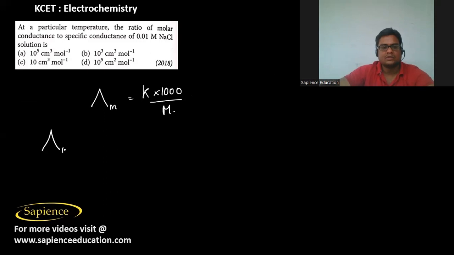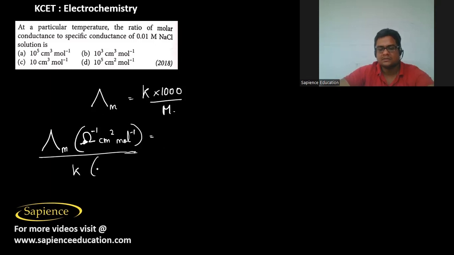So the molar conductance, which is in ohm per ohm centimeter square per mole, divided by the specific conductance, which is in per ohm per centimeter, will be equal to 1000 by m, where m is the molarity of the solution.